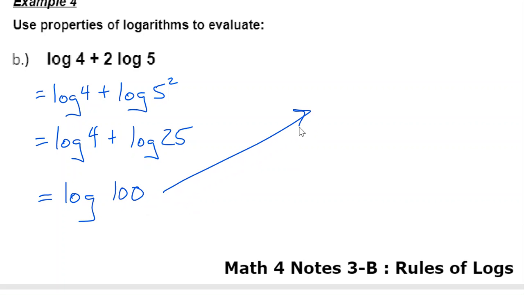Now remember, that is actually base 10. If I don't have a base there, you assume that it's 10. And if I do this, then that means that 10 to the x is equal to 100. Guess what x is?